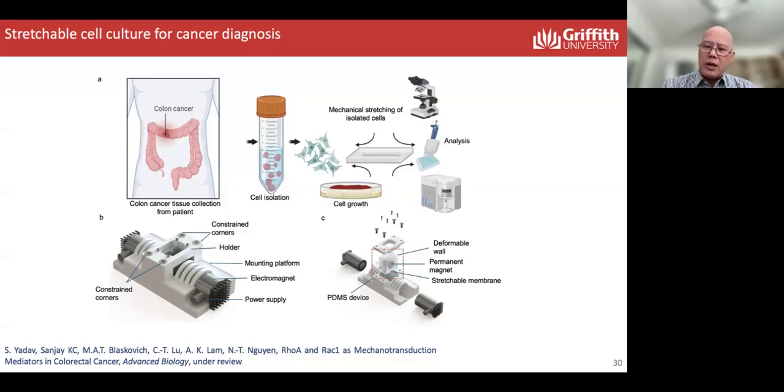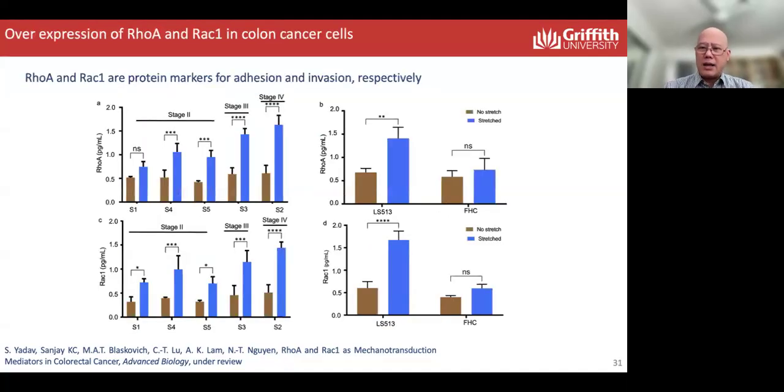Now, what we do is we take this sample, put it on a stretching device, make the cells exercise. Now we stretch them periodically, and after a while, cancer cells typically respond more strongly to these mechanical stimuli and express the markers strongly. And we tested it with clinical samples, I mean, the real cancer cells of different stages.